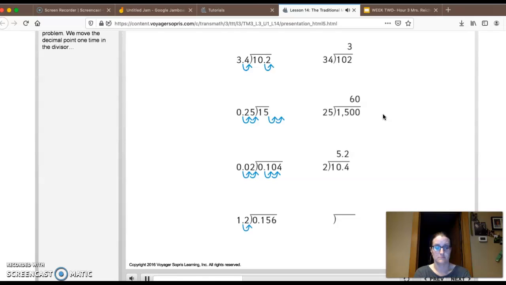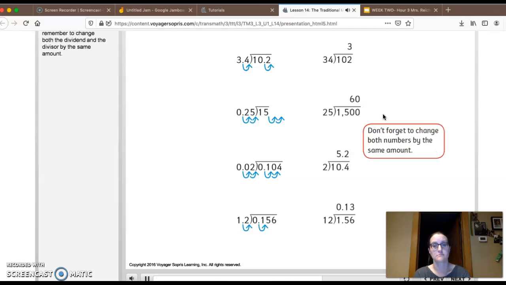Let's look at one more problem. We move the decimal point one time in the divisor to get the whole number 12. We need to move the decimal point one place in the dividend. This gives us 1 and 56/100. Now we divide and get 13/100 for the quotient. It's important to remember to change both the dividend and the divisor by the same amount.